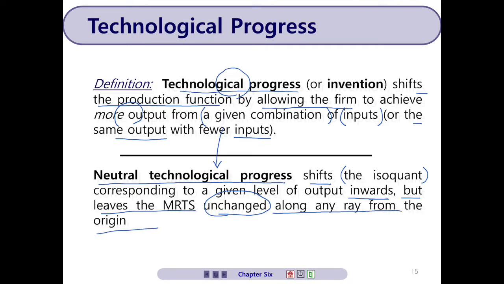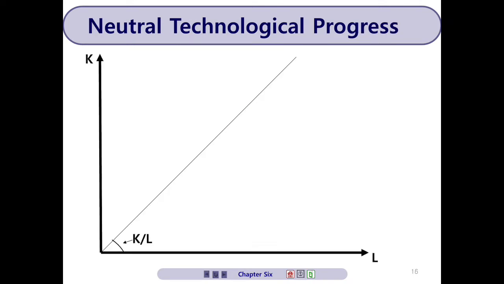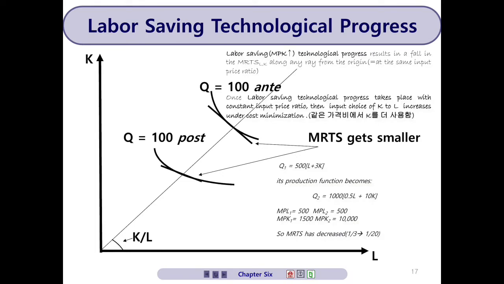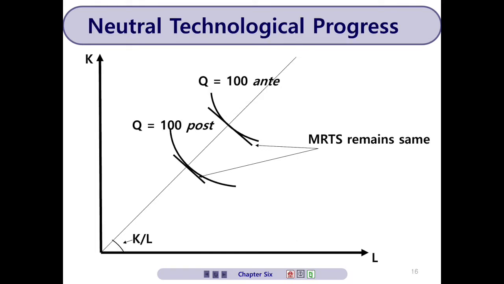Now, let's think about it more in depth by moving on to the next slide. Technological progress is not an easy concept. It is a very hard one. But in a microeconomic textbook, we can pretty simply define it.